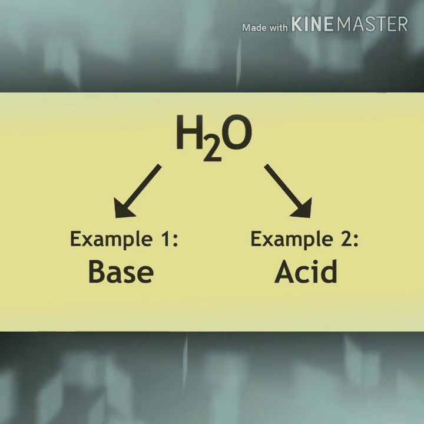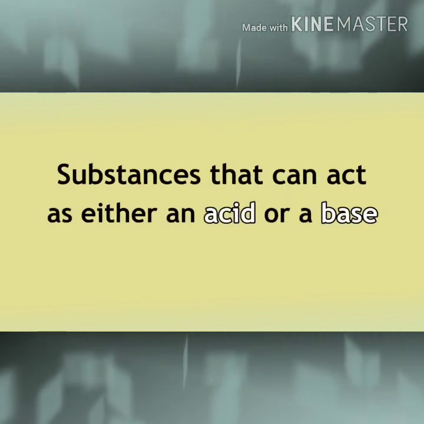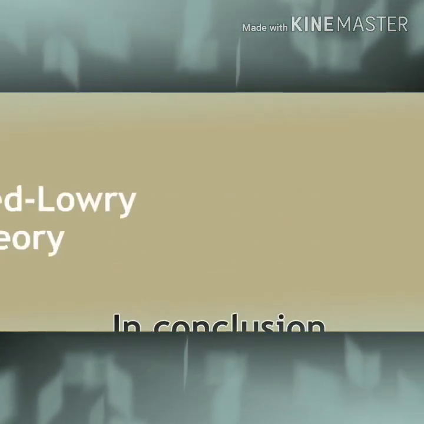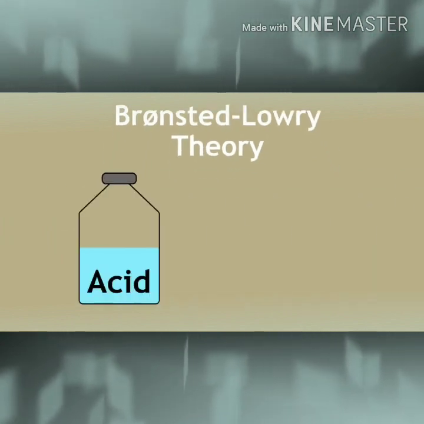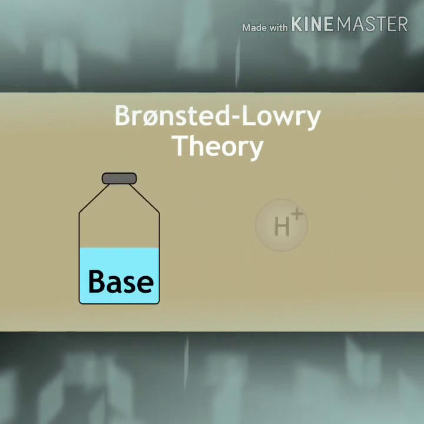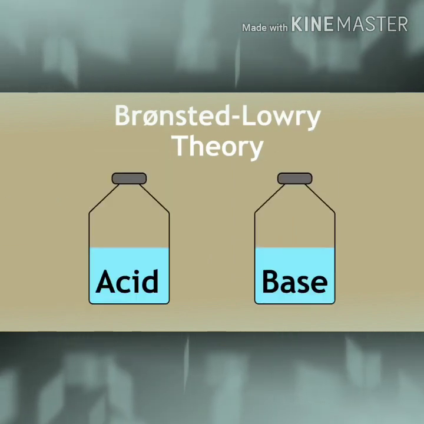And water acts as an acid in the second example. Substances that act as either an acid or base are called amphoteric. In conclusion, in Bronsted-Lowry theory, an acid releases hydrogen ions and a base accepts protons. Therefore, in the acid-base reaction, there is a transfer of proton only.